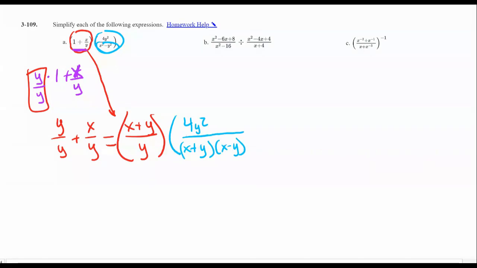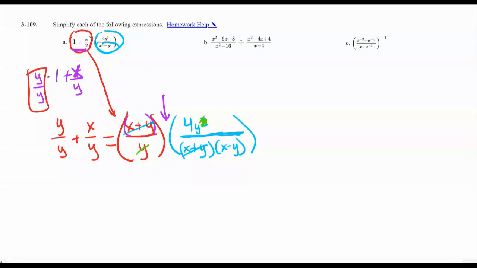Now, hopefully you're seeing why it's helpful, because I've done all the hard parts by breaking this up as much as possible. What you can see here is that we have x plus y and x plus y, which cancel out, and this y cancels out with this y here. And the reason we can do that, and this is where most people get confused, is because we are multiplying these things.